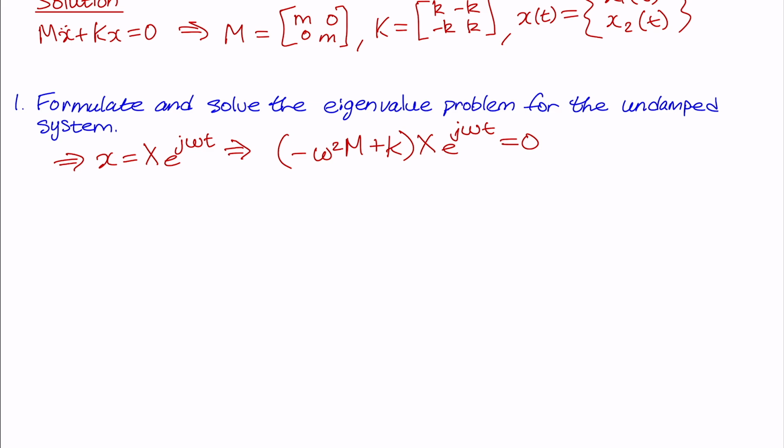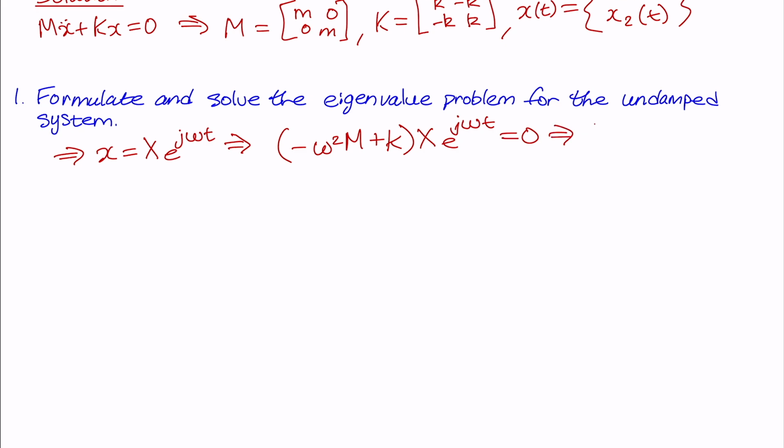For this to be a non-trivial solution, we must have that the determinant of minus omega squared m plus k must be equal to 0.